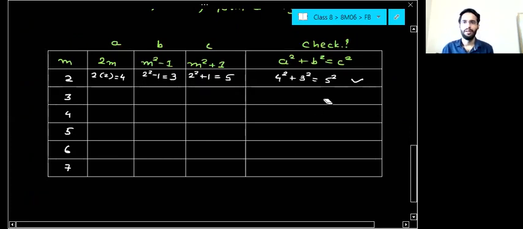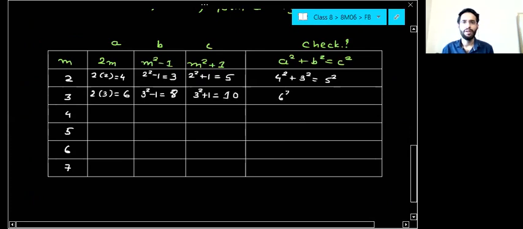Great. Now, similarly, let us check for m equal to 3. 2 into 3 will give you 6. 3 square minus 1, 9 minus 1, will give you 8. And 3 square plus 1, 9 plus 1, will give you 10.